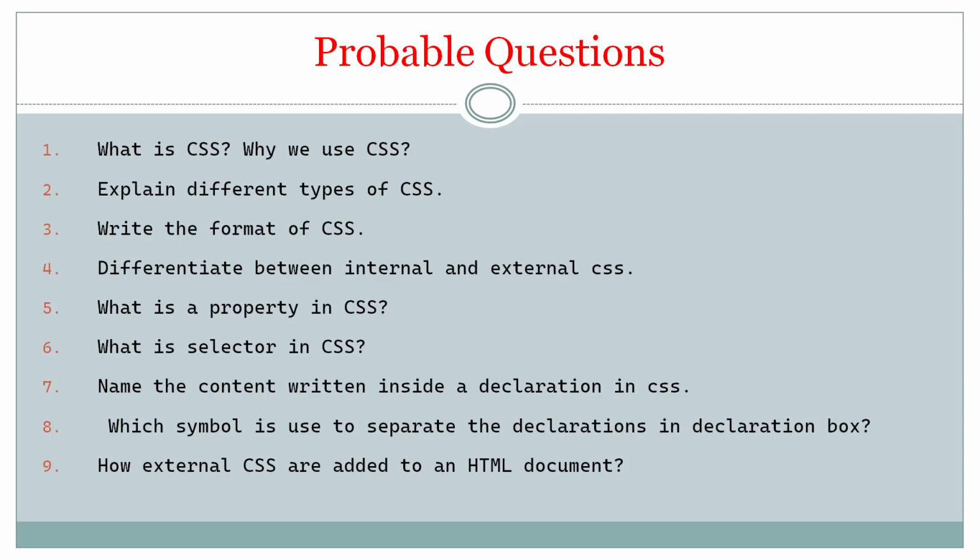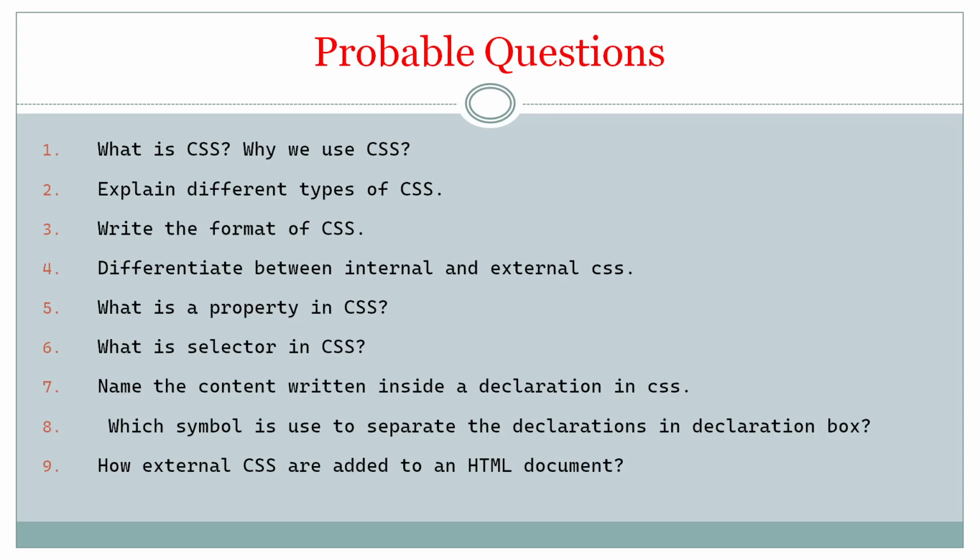Then what is a property in CSS? Properties are similar to attributes in HTML. You can see in the book, it's nicely given there. From there you can learn what is a selector in CSS. Name the content written inside the declaration in CSS. It will be property and value.